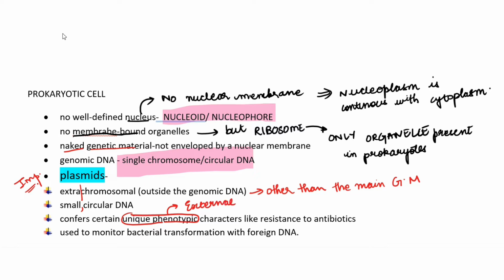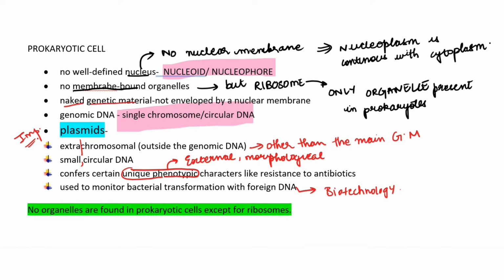So plasmid helps in providing certain unique features to the bacteria or any prokaryotic cell, and it helps to monitor bacterial transformation with foreign DNA. So about this you will learn in the chapter biotechnology, so you don't have to break your head too much on this. So the information about plasmids, they are important, remember.